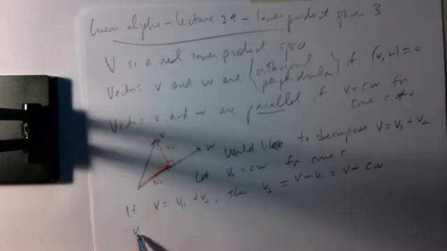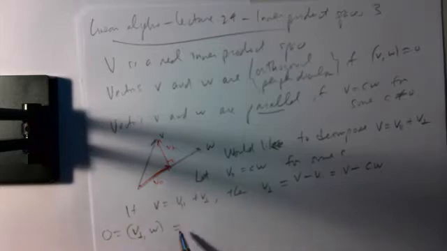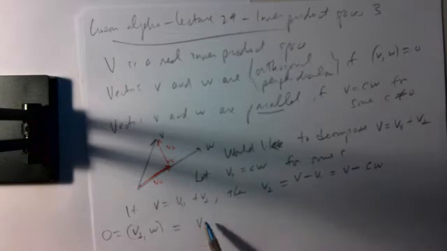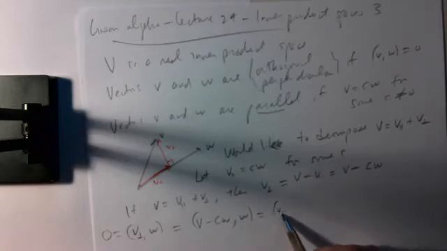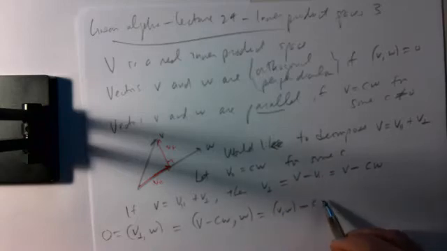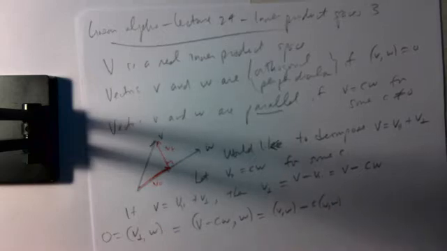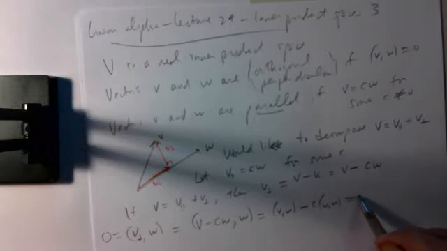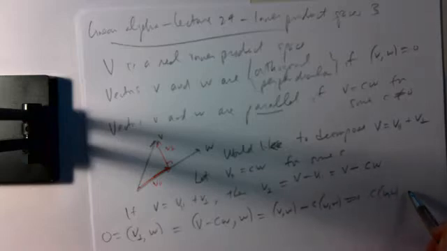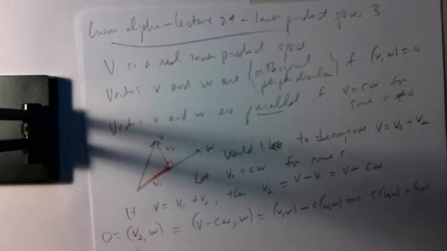So we have the inner product of V perp and W has to be the number 0. V perp is V minus CW, inner product with W. This is the inner product of V and W minus C times the inner product of W and W. If that equals 0, when you solve for C, we get C times the inner product of W and W is the inner product of V and W. W, I should have said, is non-zero.